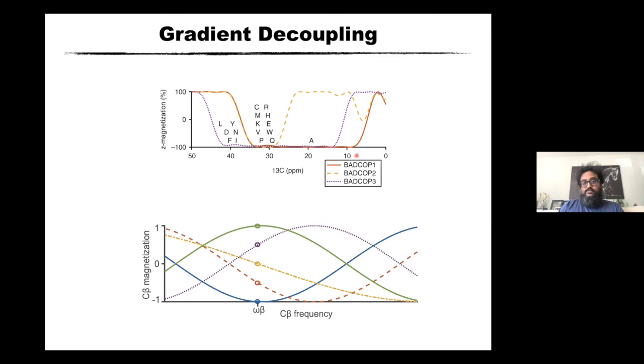Whereas BATCOP3 will decouple all the amino acids except for serine and threonine, which have the C beta on the other side. And BATCOP1 will decouple only things that are in this particular trough. So by running 3 different HNCA experiments, we can get an on-off switch for these amino acids. One of them will have some decoupled, and the other will have a larger set that's decoupled.